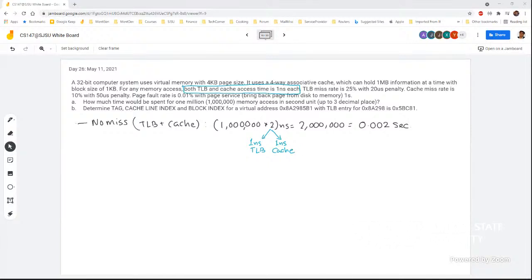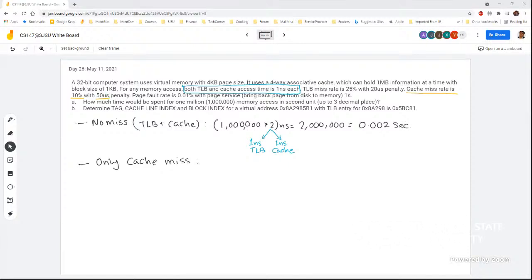Now let's talk about a condition where there is only a cache miss, no TLB miss but cache miss. That's an independent phenomenon. And for that, what we have seen is that your cache miss rate is 10% with a 50 microsecond penalty.